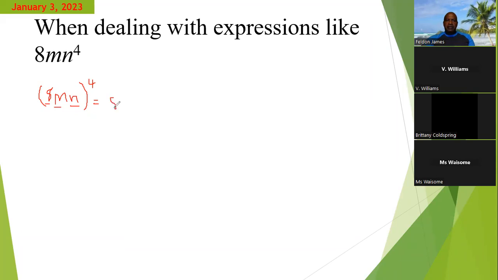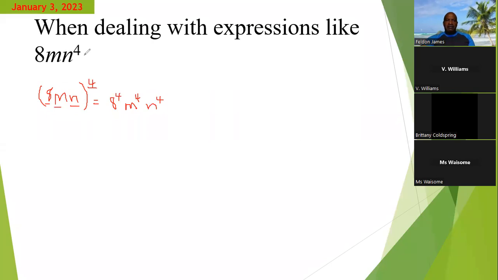So it means that 8 raised to the power 4, m raised to the power 4, and n also raised to the power 4, right? So only when you have a bracket with the power outside that bracket does the power apply to all of the terms in the bracket.